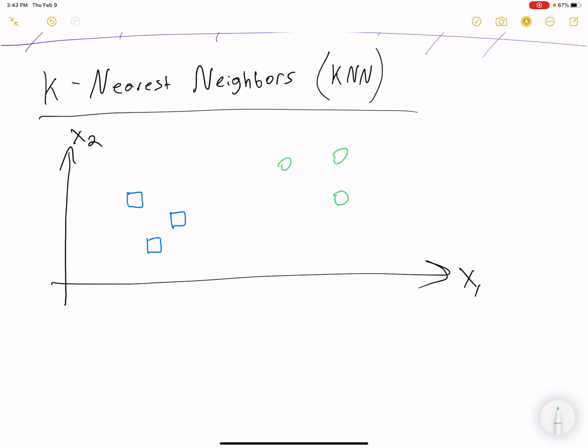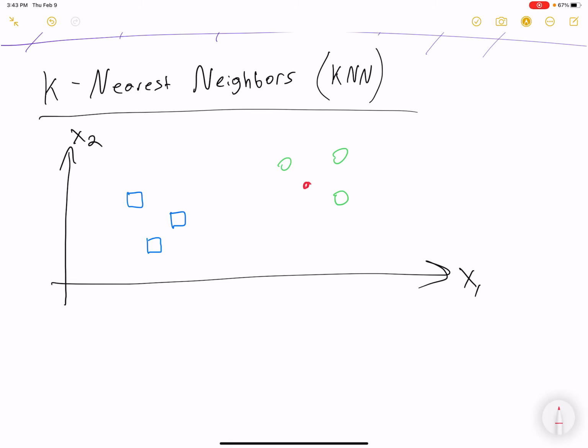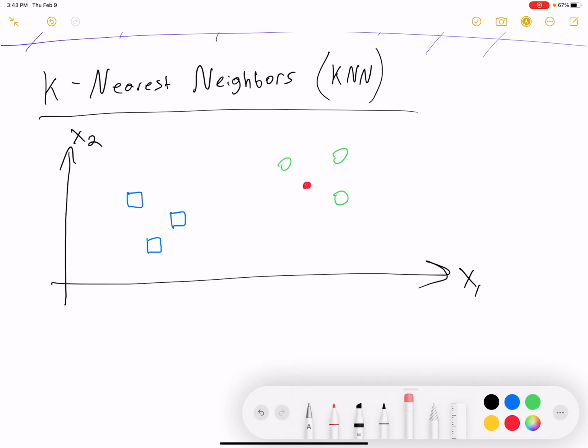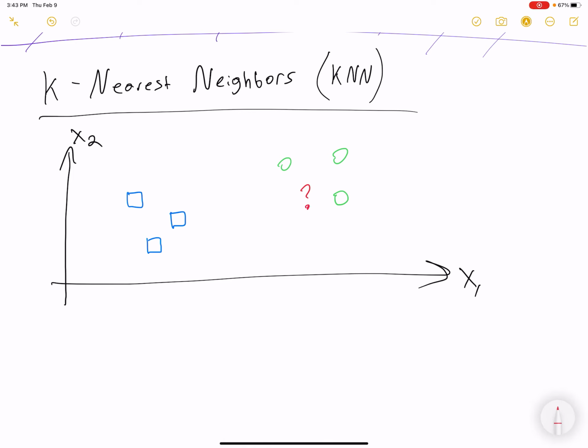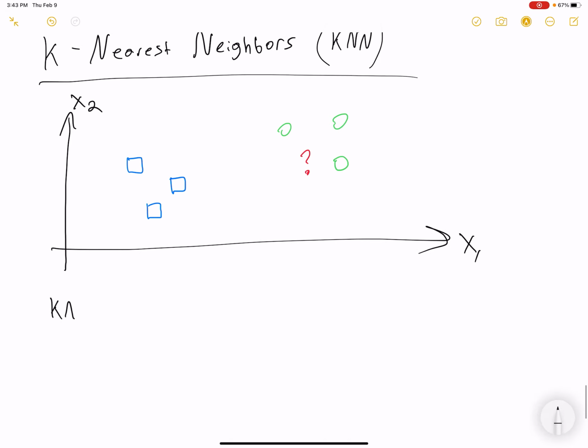What we do in K nearest neighbors is, let's say we got a new data point here. That's the one we're trying to guess, or let me label it as a question mark to indicate we don't know the class. The algorithm is the following.